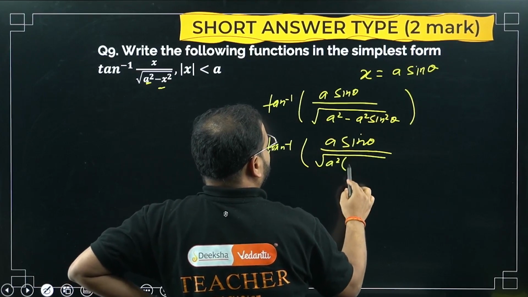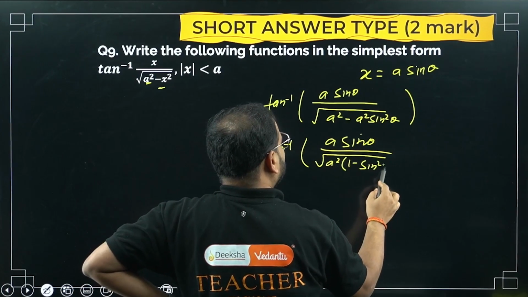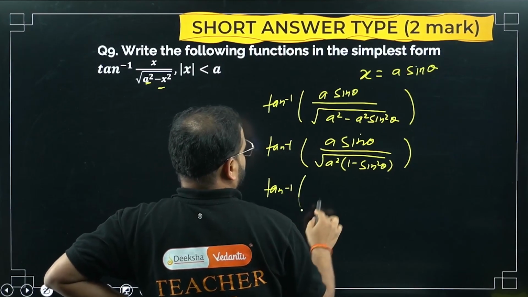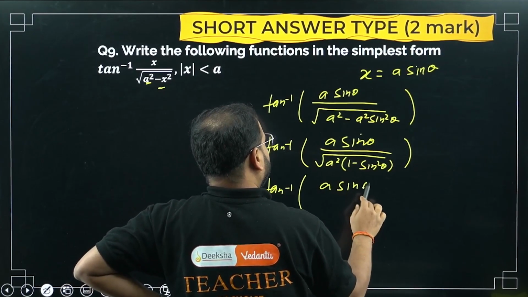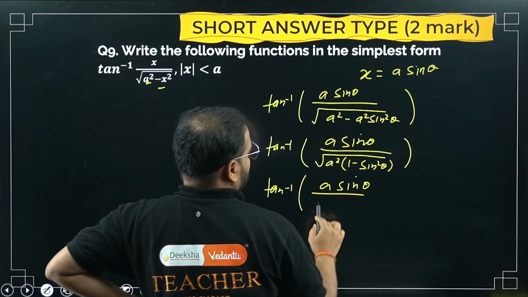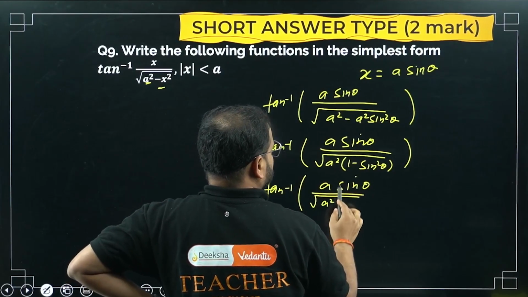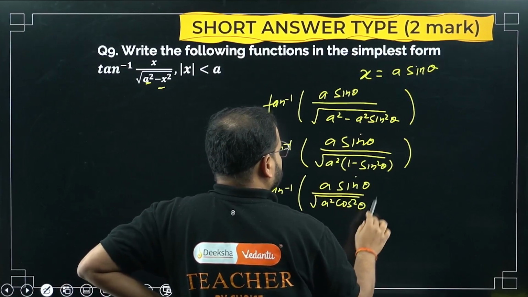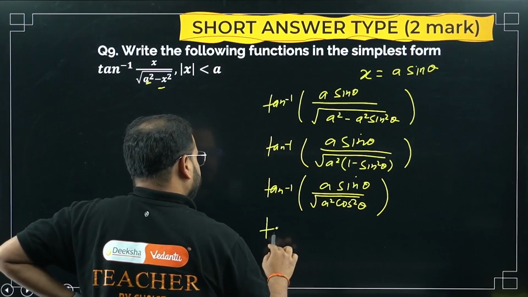So a square times 1 minus sine square theta. What is 1 minus sine square? It's cos square theta.